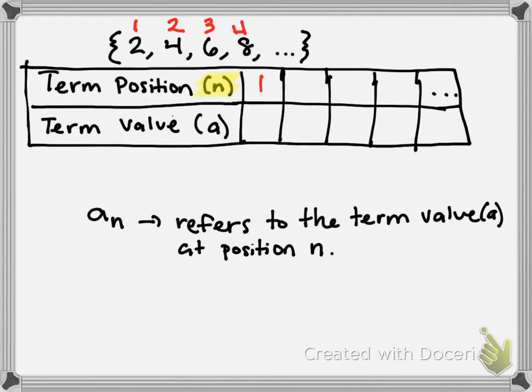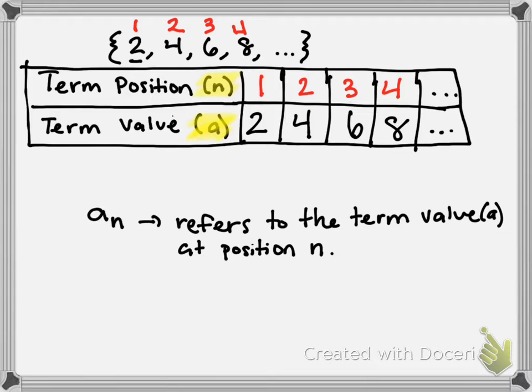So if I fill in 1, 2, 3, 4, right? Then the next thing I'm going to look at is the term value, which we use the letter A to represent. So the first term has a value of 2, if we read it from our list. The second term has a value of 4, then 6, then 8, and it continues indefinitely.